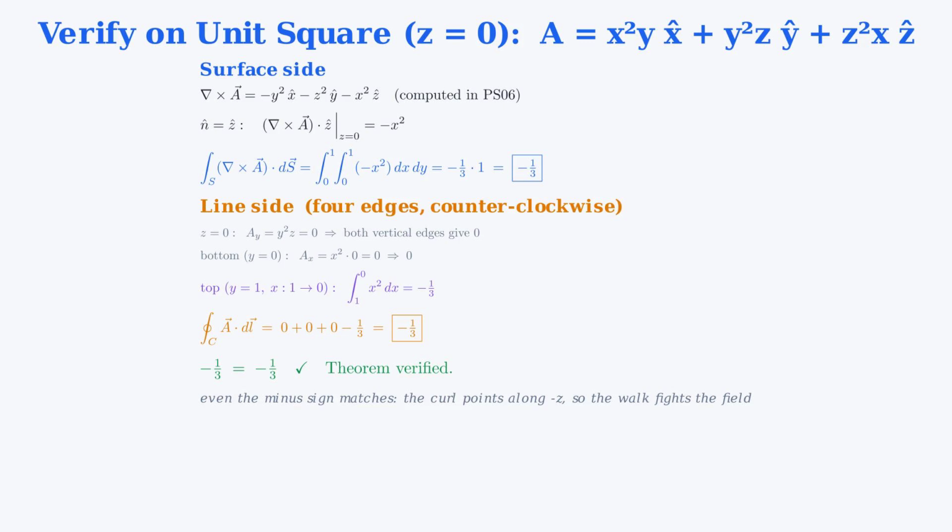Line side, minus 1/3. Minus 1/3 equals minus 1/3, and savor that minus sign for a second. The curl points along minus z, while our walk circles the plus z way, so the circulation comes out negative. Even the sign agrees. The theorem is verified.